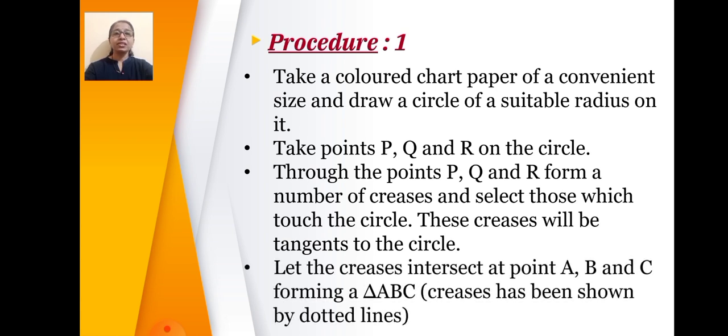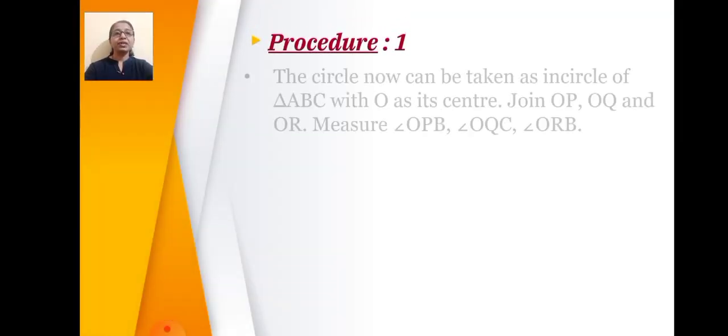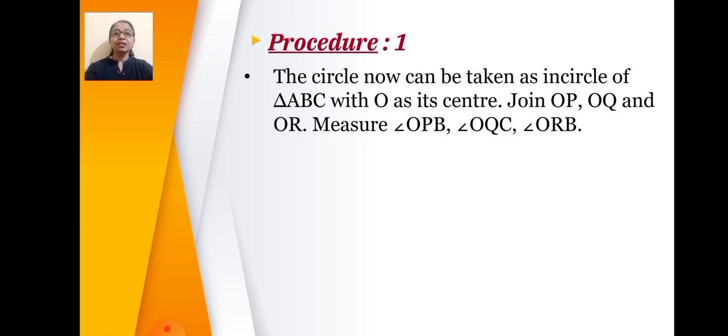Then next, let the creases intersect at points A, B and C forming a triangle ABC. Creases have been shown by dotted lines. Next, the circle can now be taken as the incircle of triangle ABC with O as its center.